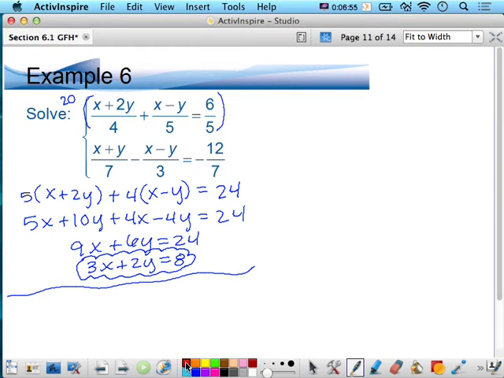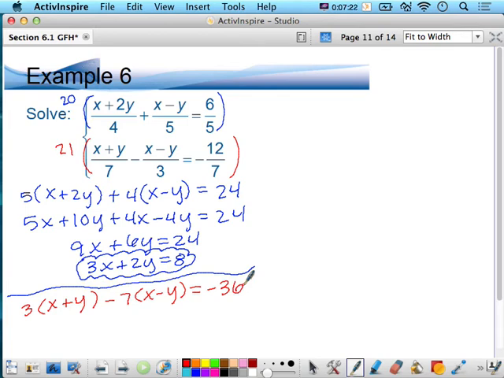For the second equation, what can I multiply through by? 21. Multiply both sides by 21, and that will leave me with 3 multiplied by x plus y minus 7 multiplied by x minus y. And that has to equal negative 36. 21 times negative 12 over 7 is negative 36.